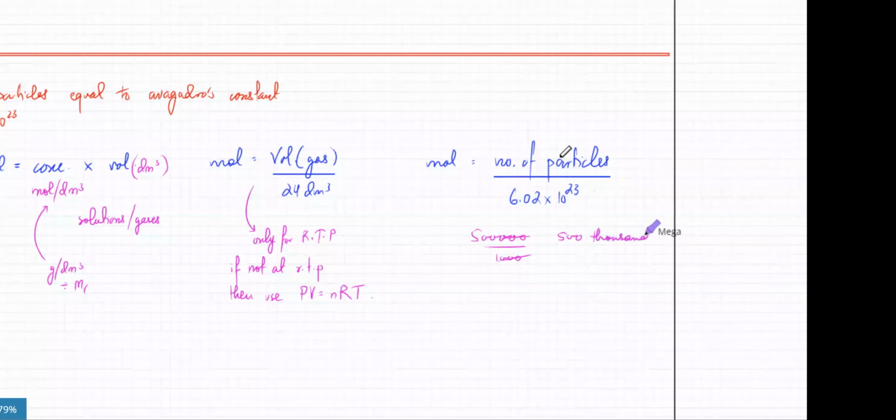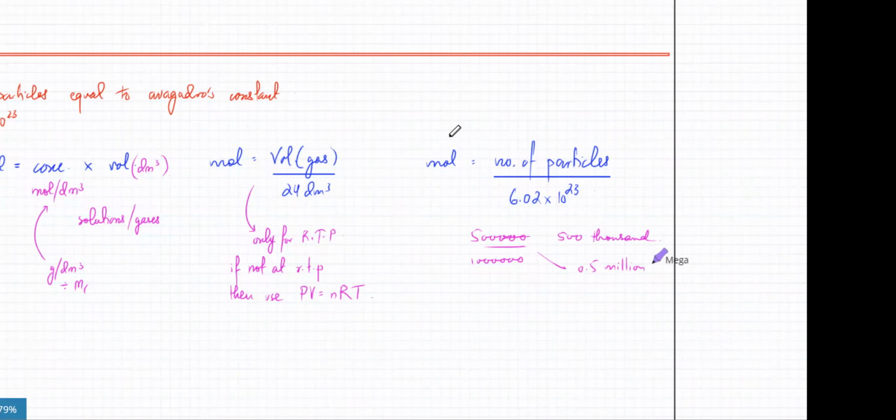So if I want to convert the same number to millions, I'm going to divide it by 1 million, which is this one, and I'm going to get 0.5 million. So the point is that if you want to convert a particular number into any unit, you divide it by the unit.